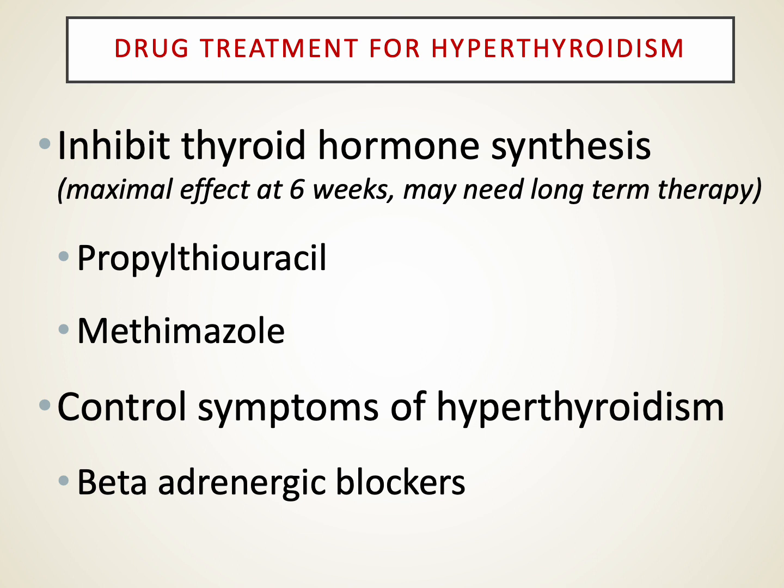The two agents you'll see are methimazole and propylthiouracil. In addition to inhibiting thyroid hormone synthesis, we'll look at controlling the symptoms of hyperthyroidism, particularly cardiovascular, for which we almost universally use beta blockers, particularly in patients with serious tachyarrhythmias.